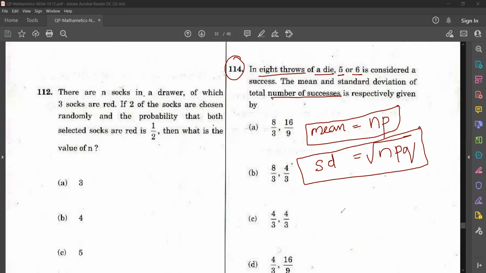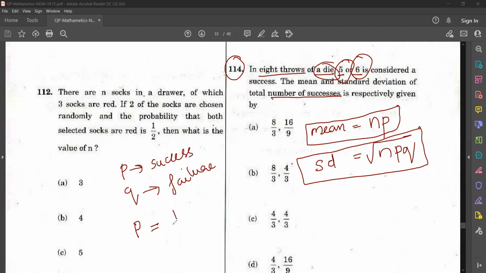Now, what is P and what is Q? P is the probability of success, or what we need. Q is the probability of failure. Now see, 5 or 6 is considered a success.